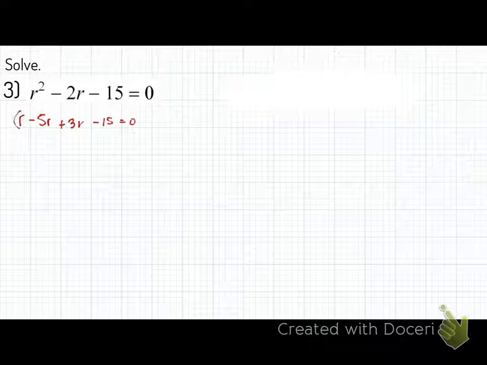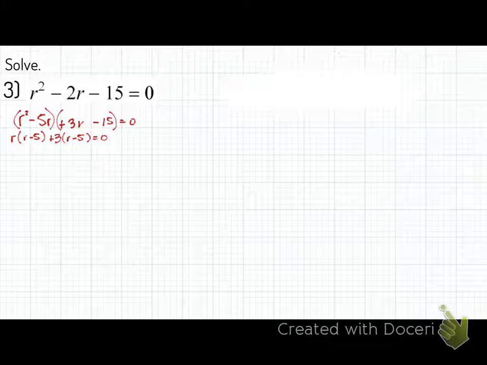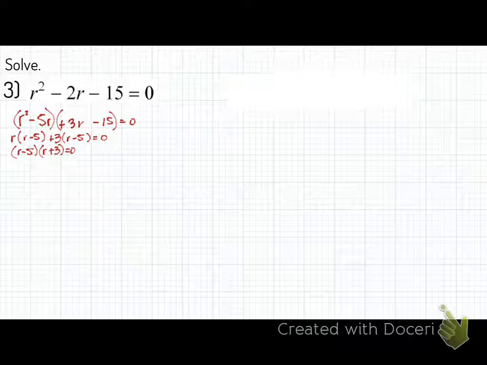Factor by grouping here. So we take out an r here, times r minus 5, plus 3 times r minus 5 is equal to 0. And then you should get r minus 5 times r plus 3 is equal to 0.